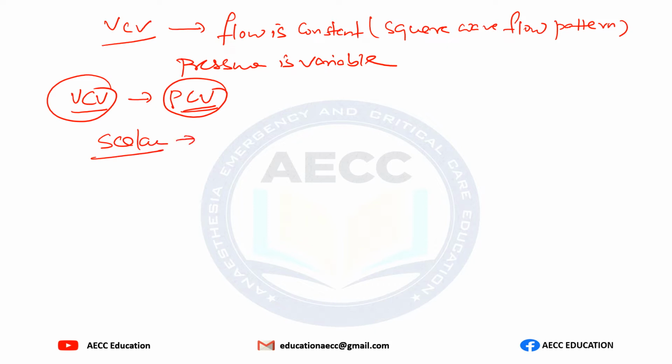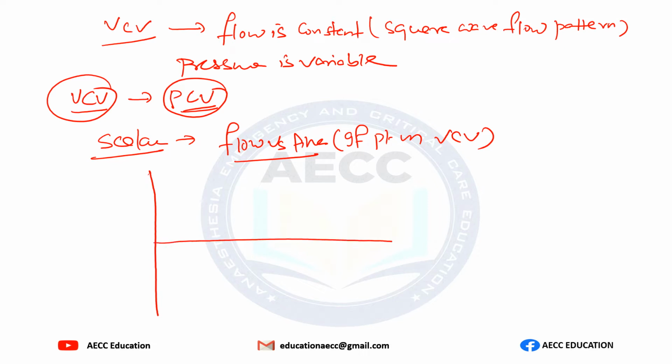The first scalar, that is flow versus time, if the patient is on volume control ventilation. So this is the constant flow, square wave pattern.